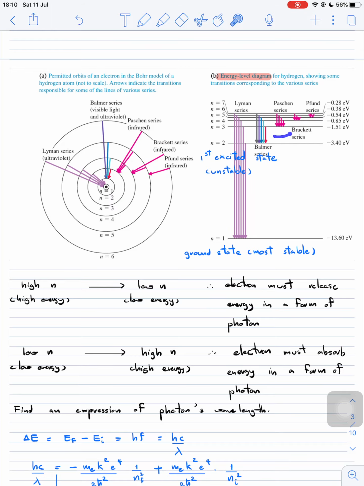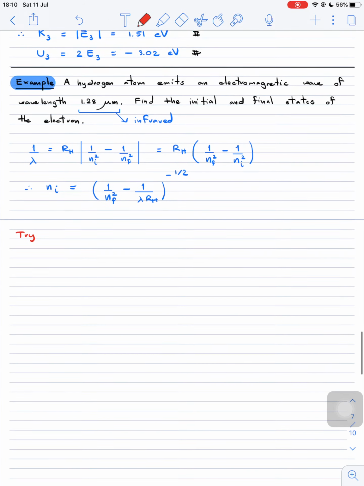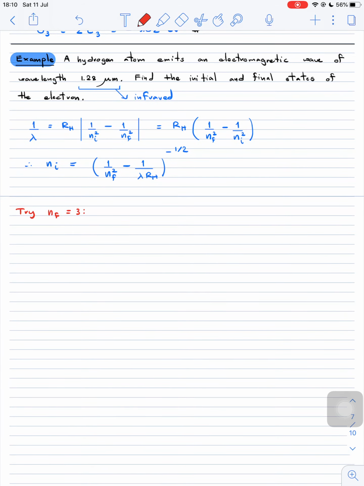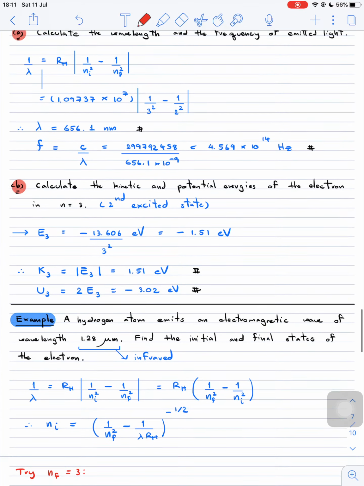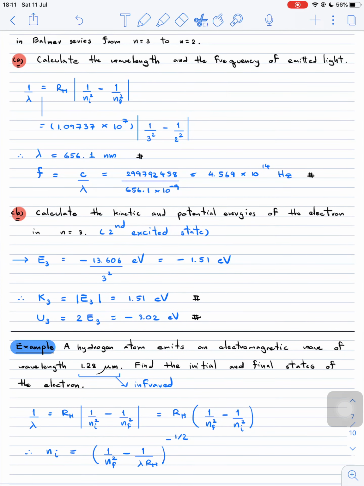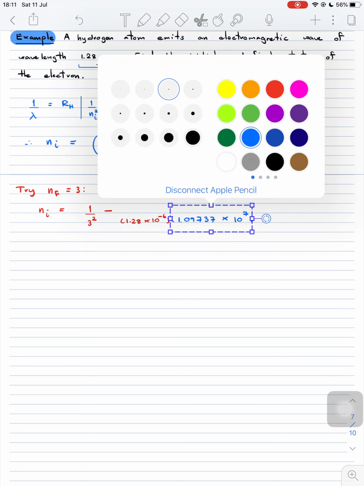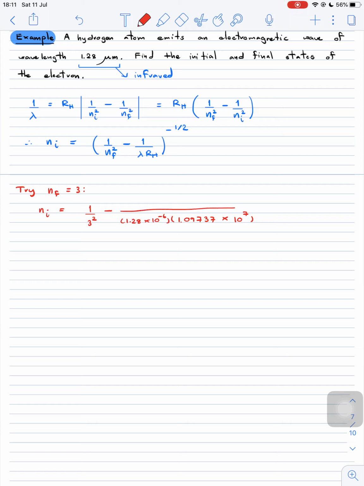So let's try Nf equal to 3 first. Then Ni is going to be equal to 1 over 3 squared minus 1 over the wavelength, which is 1.2x times 10 to the negative 6, times the Rydberg constant, which is equal to this value, and then the whole thing to the negative 1/2.